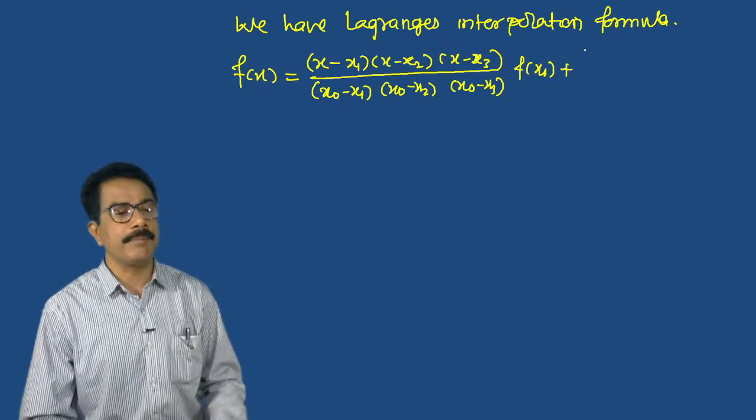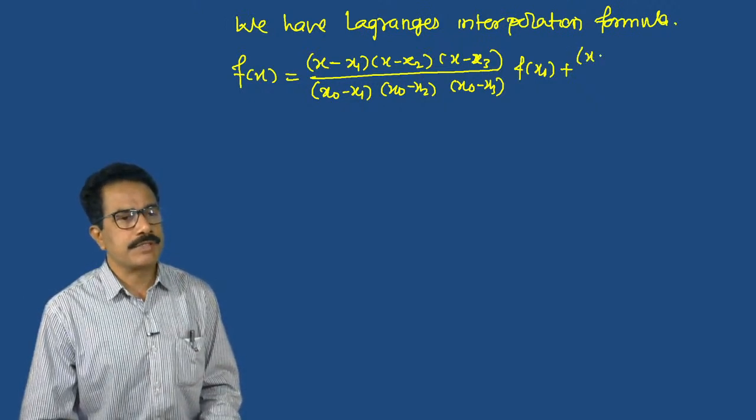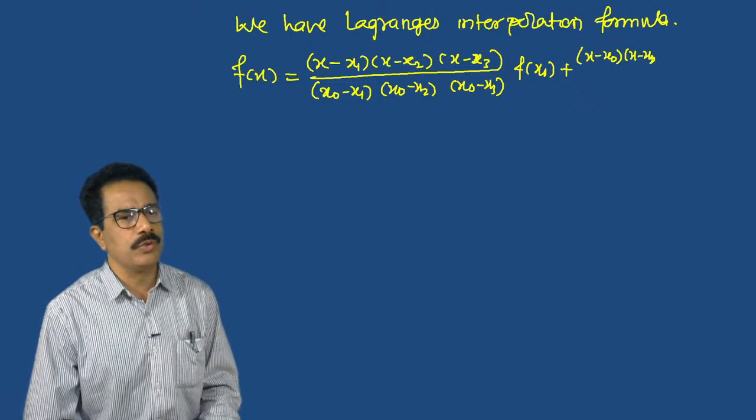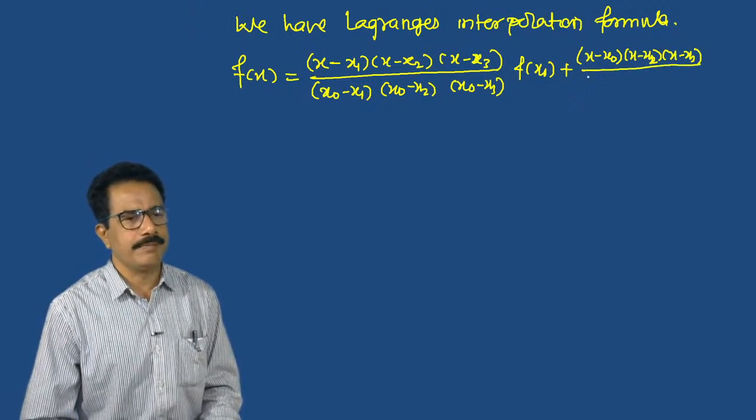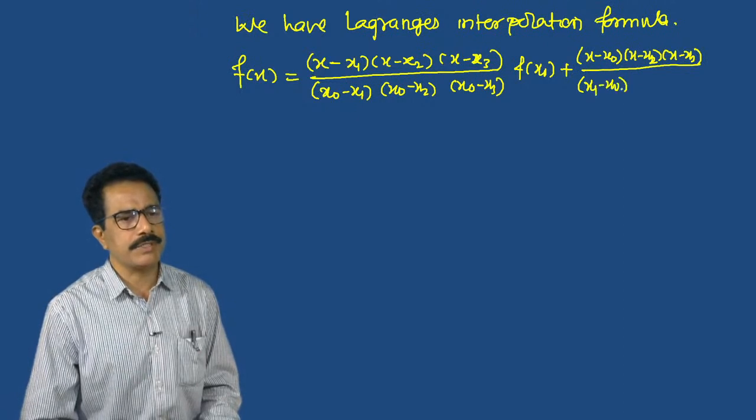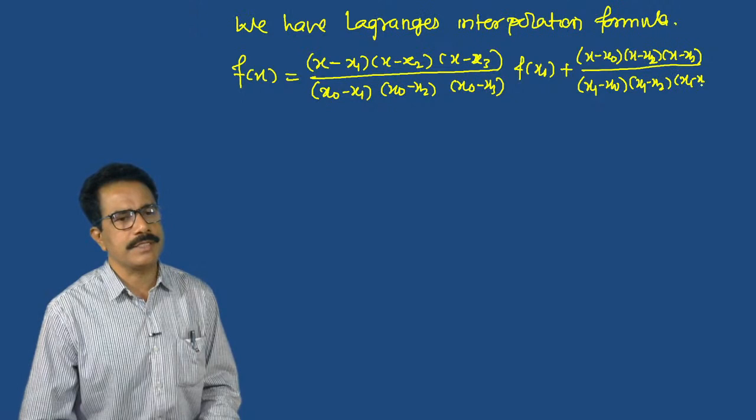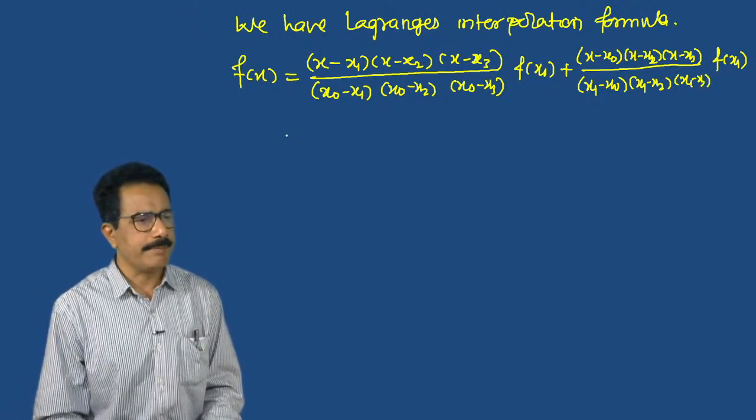plus the second term will be x minus x0, x minus x2, x minus x3 divided by x1 minus x0, x1 minus x2, x1 minus x3, f of x1. Is it okay?